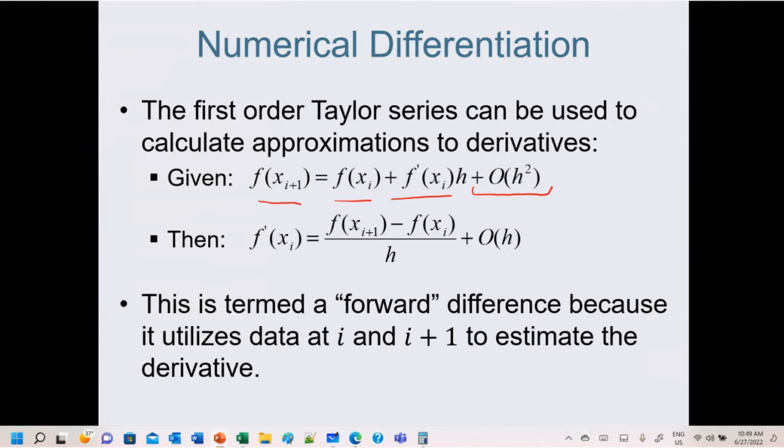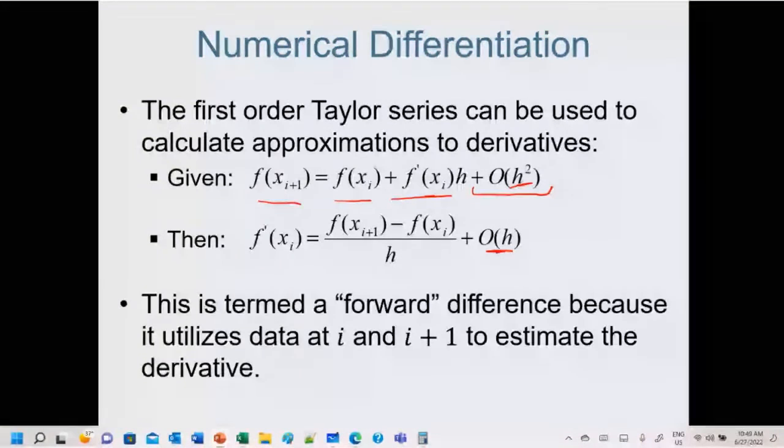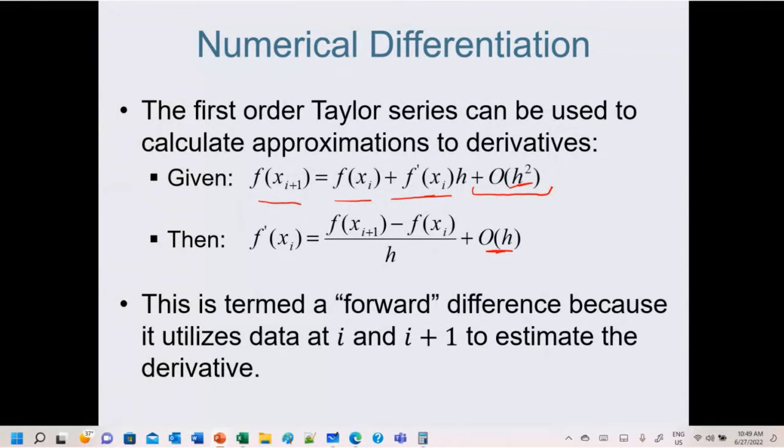Now, if we solve this for the first derivative, since we are going to divide by h and we have h square here, this order of h square divided by h becomes order of h. So again, we can see that we have an error in the approximation of the derivative which is of the order of h.